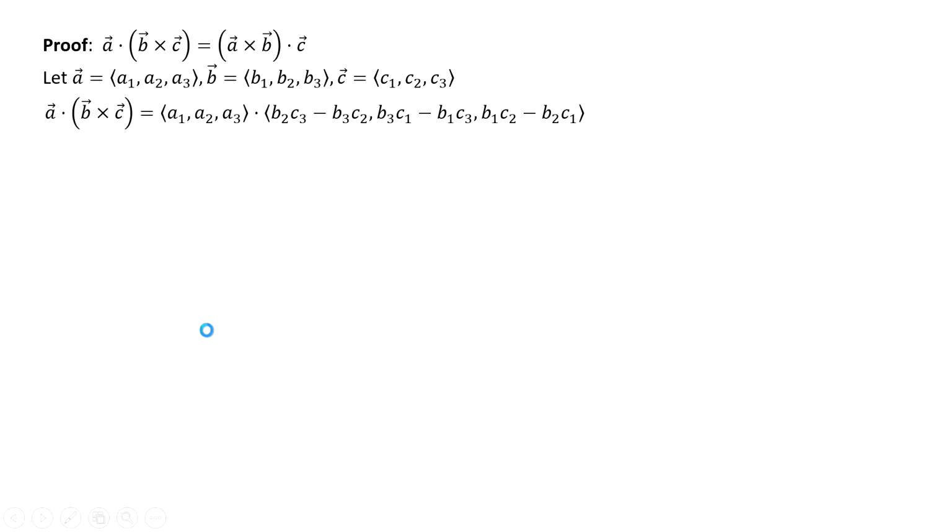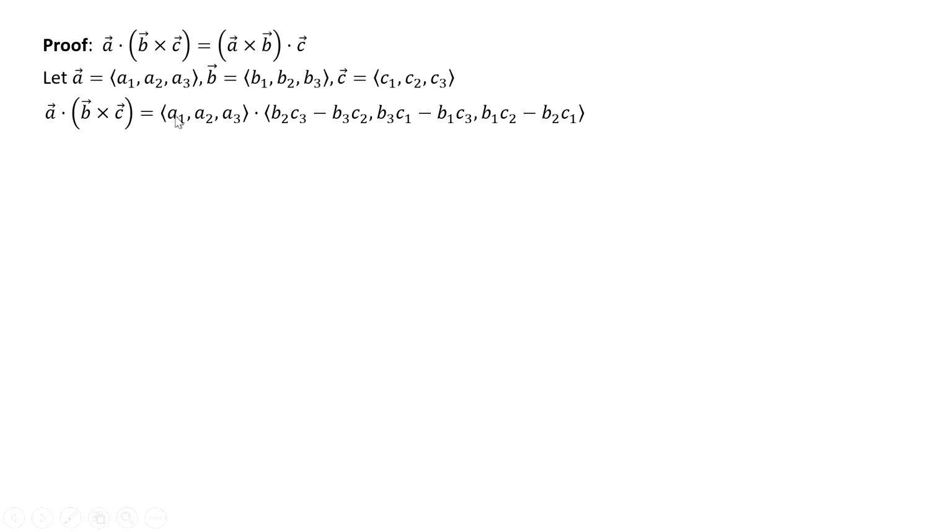All right, so as promised, I picked the left-hand side, A dotted with B cross C, where A is (A1, A2, A3). For B cross C, instead of doing the determinant and all that, I just used this version of it. Where do you get this from, man? Well, use the determinant and you will find that this is what it turns out to be. So now, what's the dot product of this?